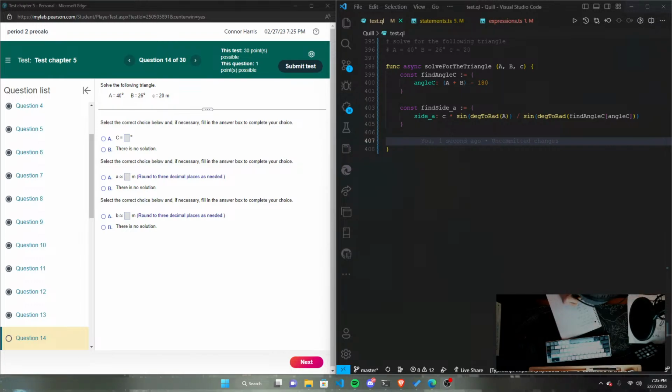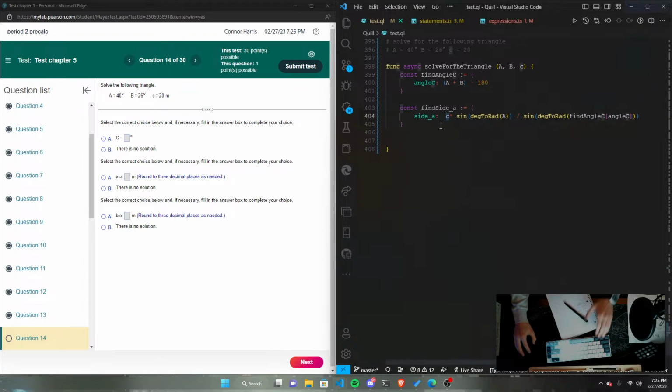So A is equal to C, which C would be 114 because we solved that, right? Lowercase c is 20, so that's supposed to be lower c.